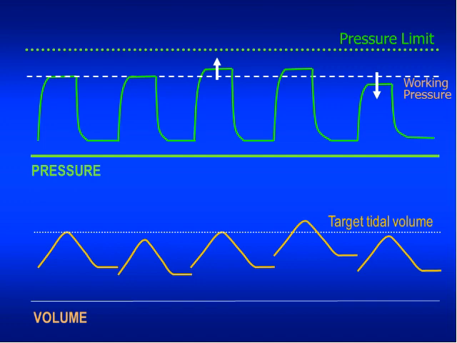And in the lower panel, you see tidal volumes. With the first cycle, whatever the working pressure is resulted in a tidal volume that was on target. All's good. So there's no change in the pressure for the next inflation.